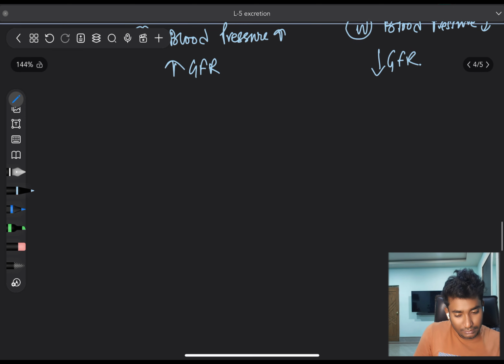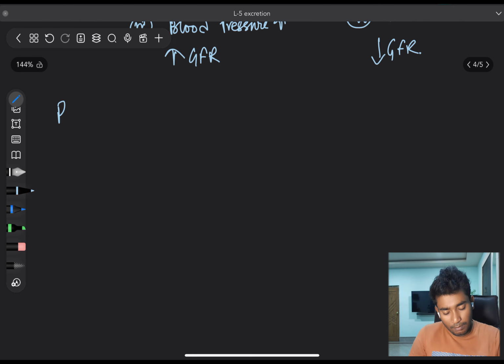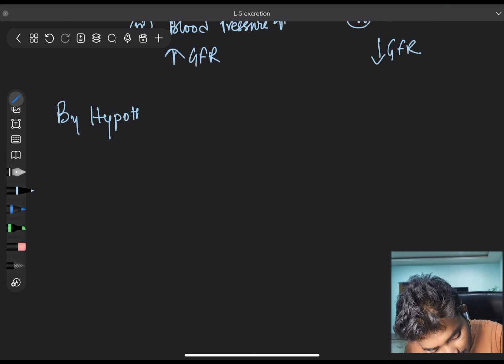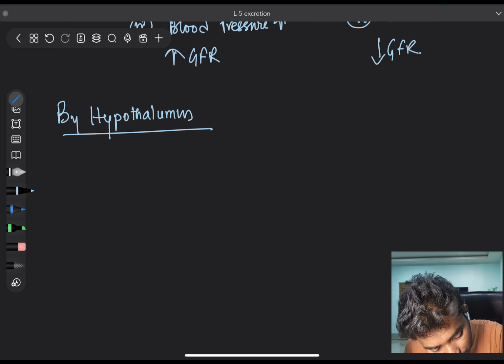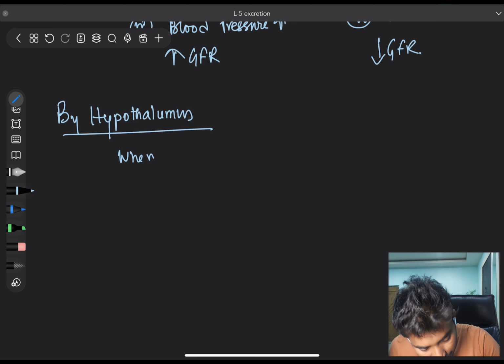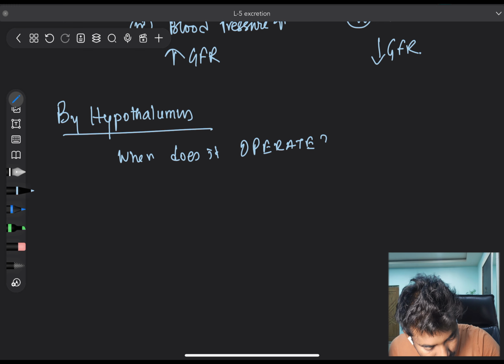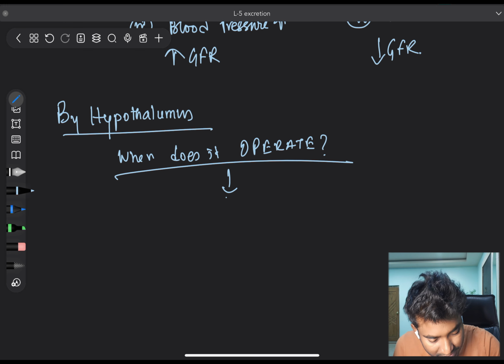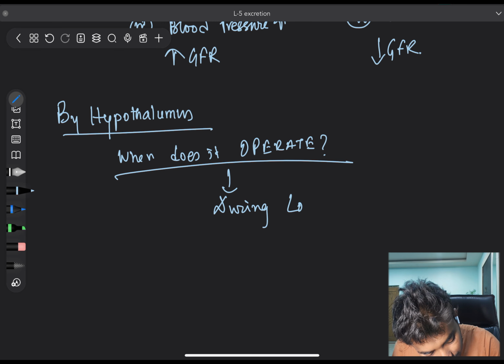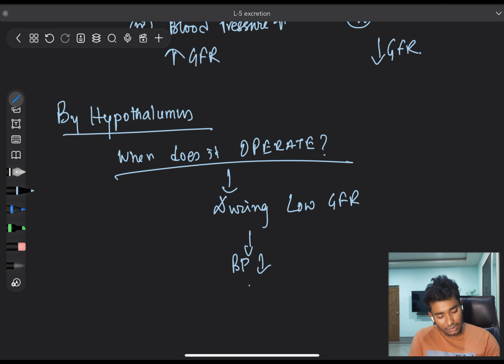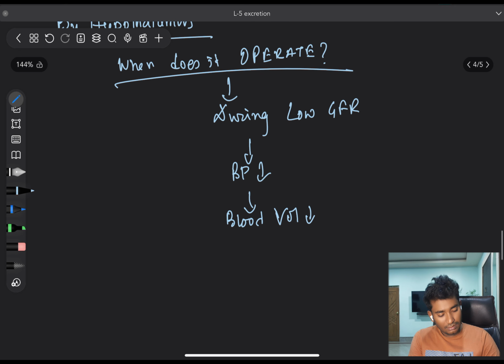Now come to the next part. By hypothalamus. What does the hypothalamus control? So when does it operate? It operates during low GFR. Thus, the blood pressure decreases, blood volume decreases, and blood H2O decreases.